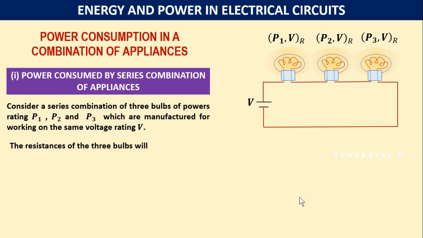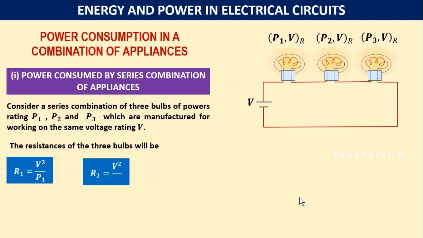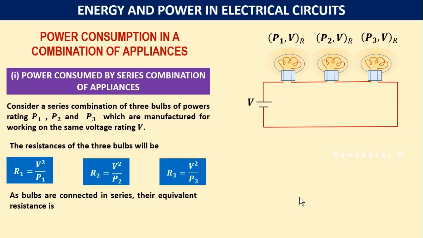The resistance of the three bulbs will be R1 equals V square by P1, R2 equals V square by P2, R3 equals V square by P3. As the bulbs are connected in series, the equivalent resistance R equals R1 plus R2 plus R3.